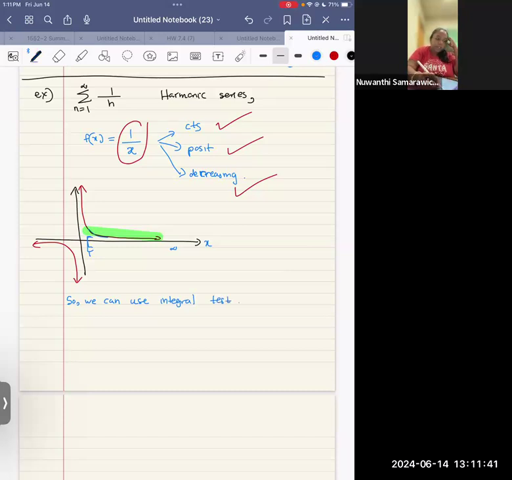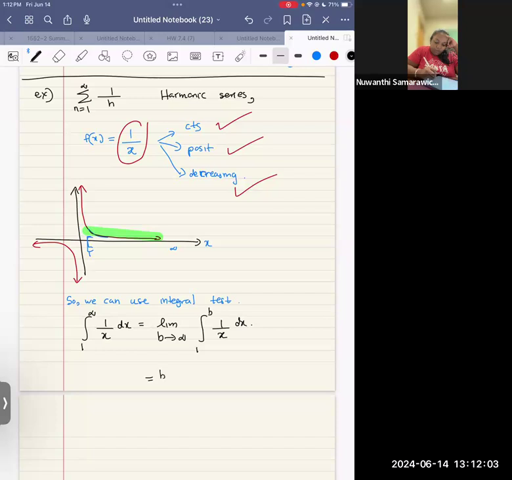So by using the integral test, we have to find the integral from 1 to infinity of 1 over x dx. We write this as the limit as b approaches infinity of the integral from 1 to b of 1 over x dx.